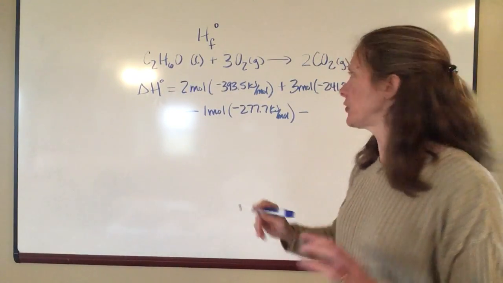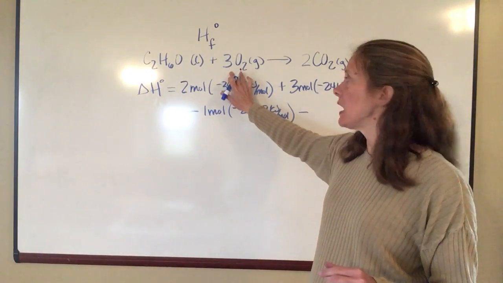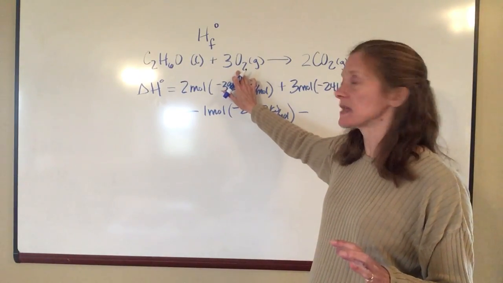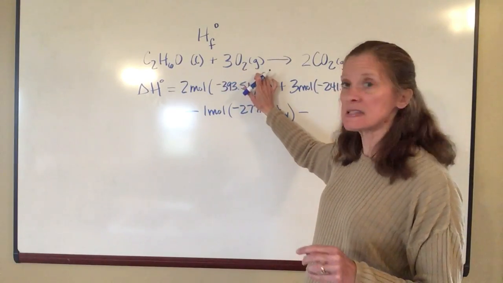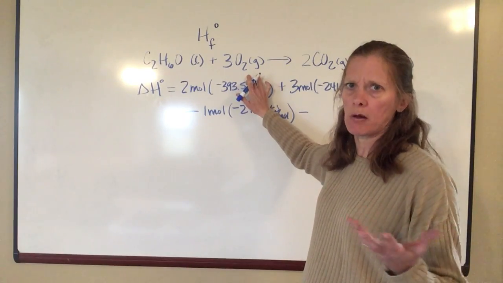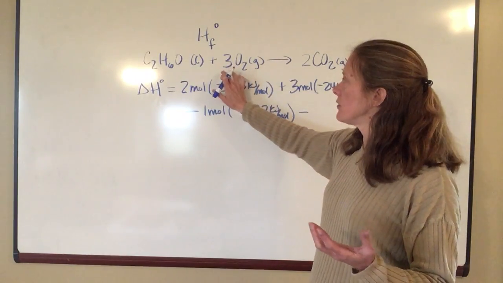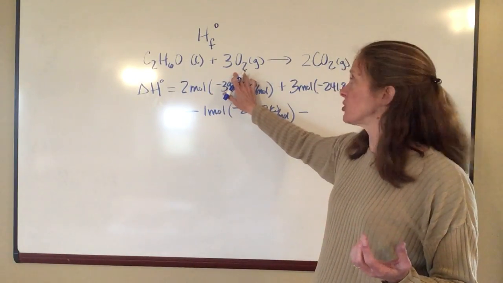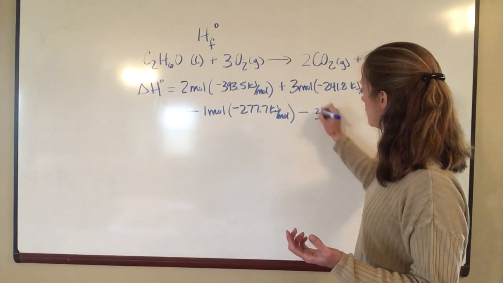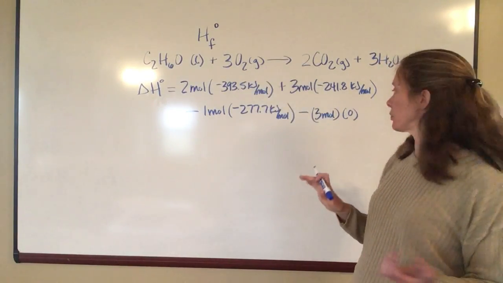Now, if you have an element that is at room temperature in its natural state, and oxygen is normally a gas at room temperature, we know that because we breathe it all the time, and so since this is in its natural state at room temperature, the delta H of formation for this is going to be 0. So I'm going to take 3 moles, but really what I'm doing is I'm multiplying it by 0 because this is an element in its natural state at room temperature.